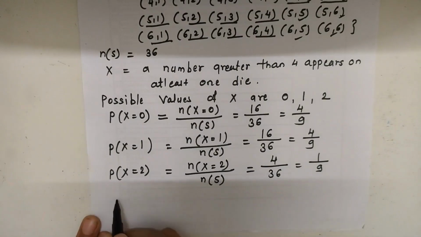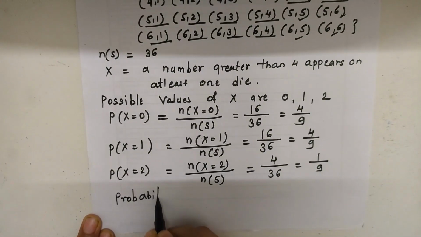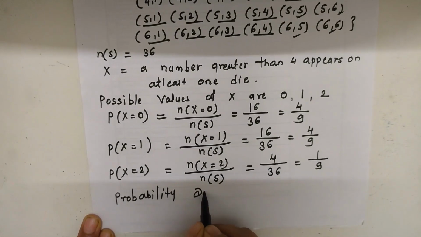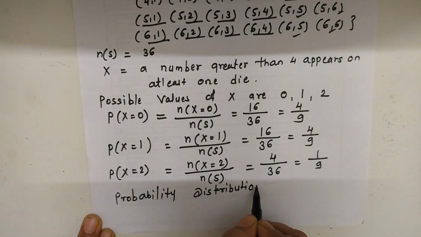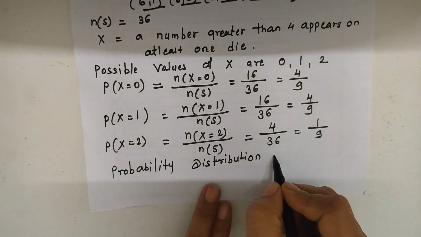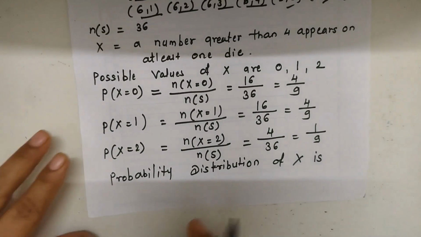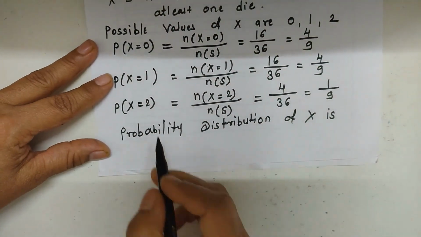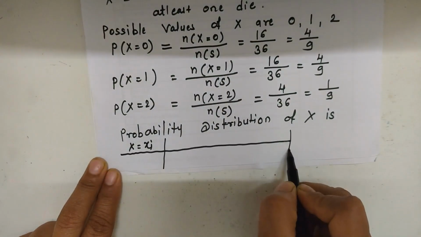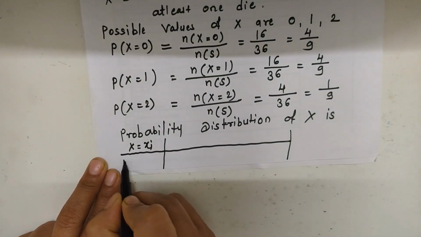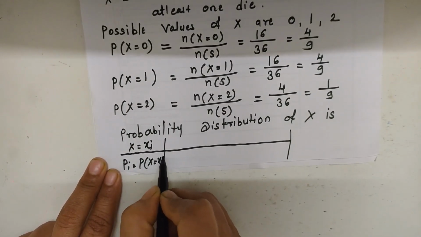So the probability distribution can be written as: random variable X equal to xi, and pi equal to the probability of X equal to xi.